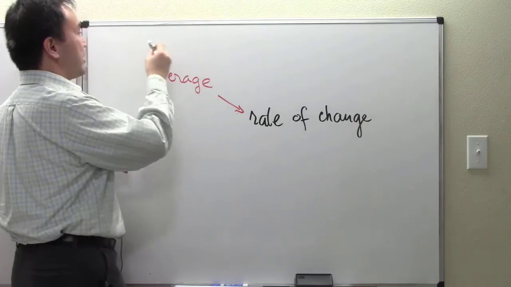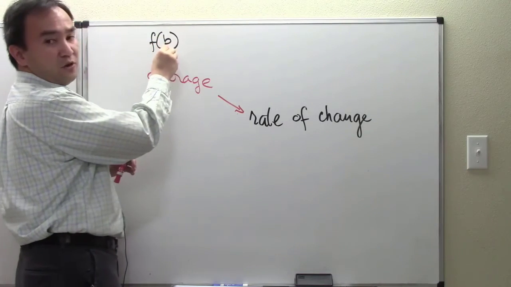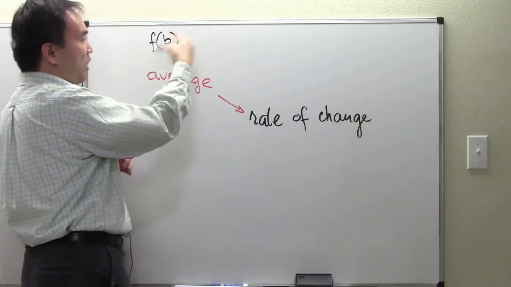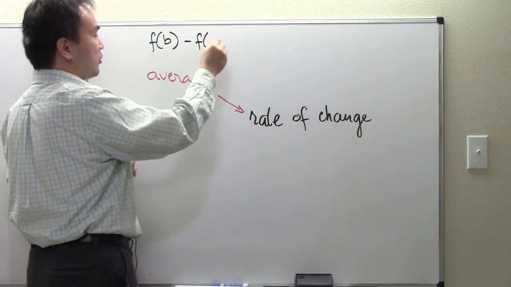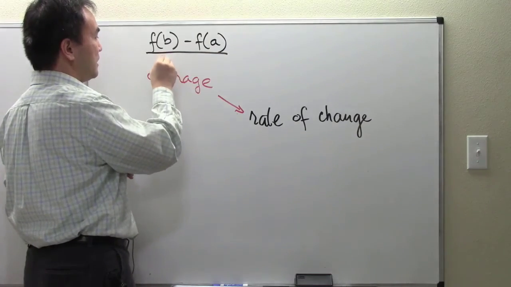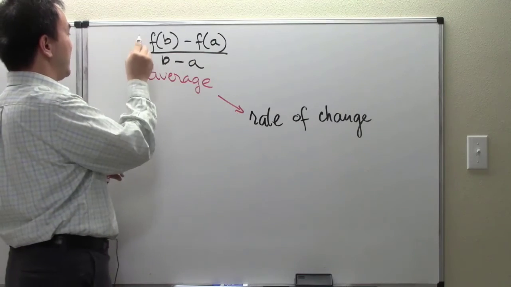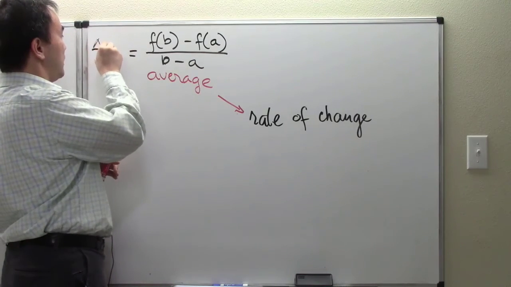That's what we did in algebra, and we need an interval. For the average rate of change, yes, we need a final point in your interval, the final y value, subtract the initial y value, and divide by the difference b minus a. That's the famous delta y over delta x.